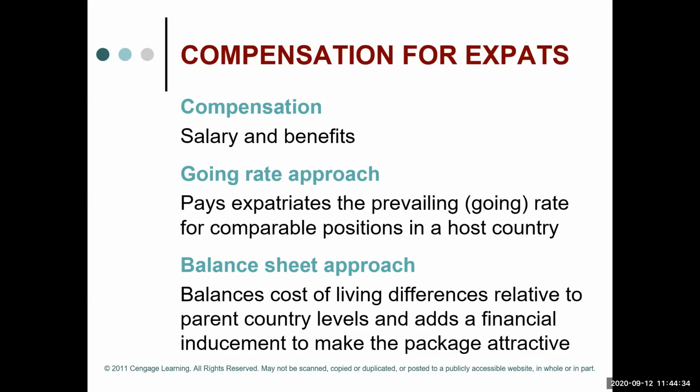So how does compensation happen? One way is, like Rajesh mentioned, that the moment you switch to another geography, you are on the rolls of that geography. So that becomes a going rate approach, right? The other one is the balance sheet approach.